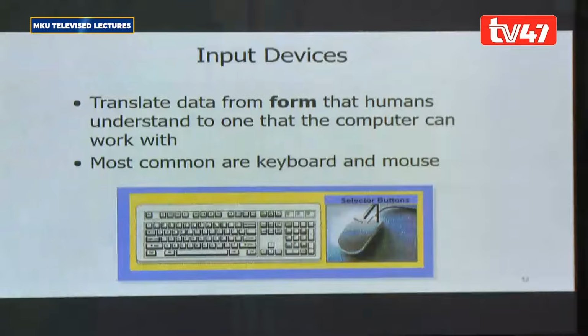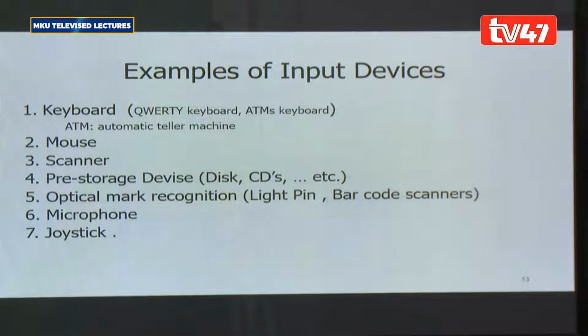So input devices always translate data from human understanding. So the human inputs data according to how they understand. In most cases, the most common input devices include the keyboard or the mouse.